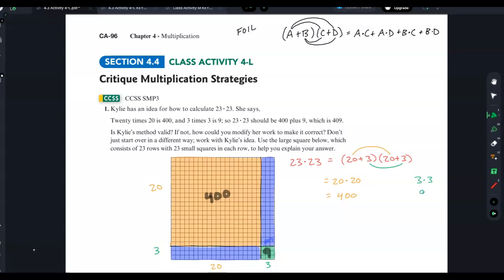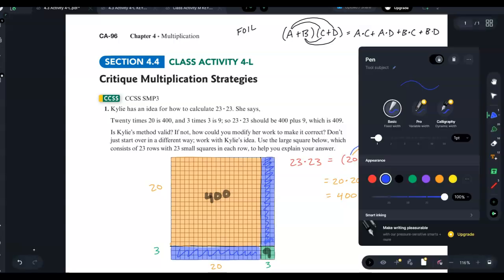And so she's getting 3 times 3 is 9. And so the issue is that you're missing the inside and the outside, right? So 20 times 20 is the first terms, but then I would do the outer terms, which is 20 times 3, which is this rectangle down here, right? And then if I were to do the inner terms, 3 times 20, that's this top right rectangle. And so that's the part that's missing.